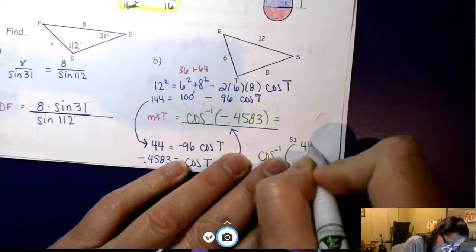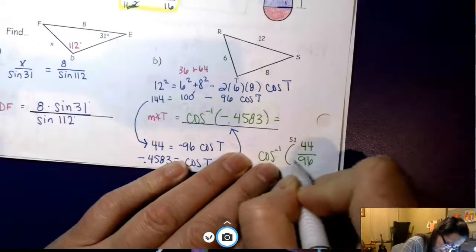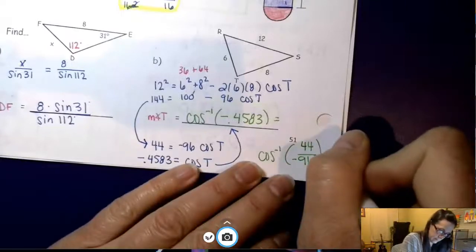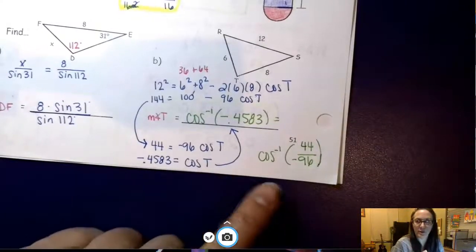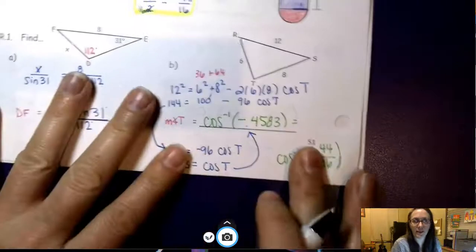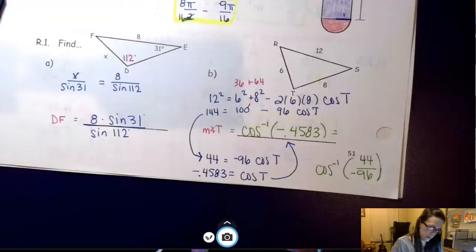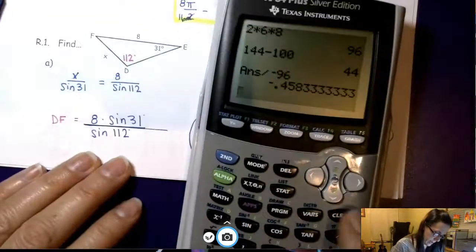That's what we would have put in if we didn't have a calculator. Having a calculator, we can work it out all the way. So I'm going to go ahead and do those just so we can check.